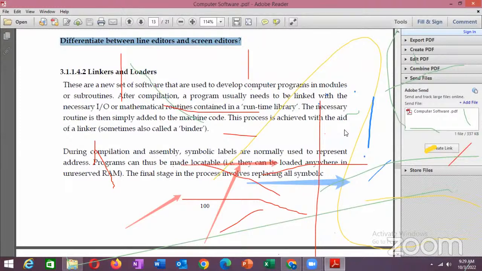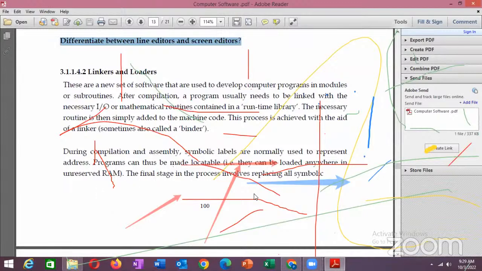So we've been talking about linkers. During compilation and assembly, symbolic labels are normally used to represent addresses. Programs can thus be made locatable, i.e. they can be loaded anywhere in unreserved RAM.